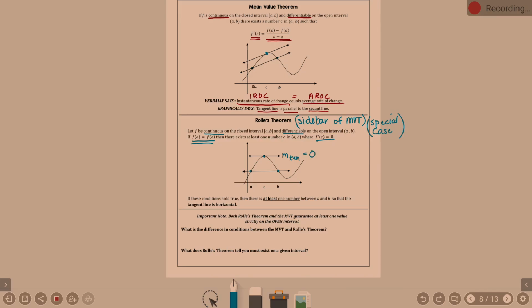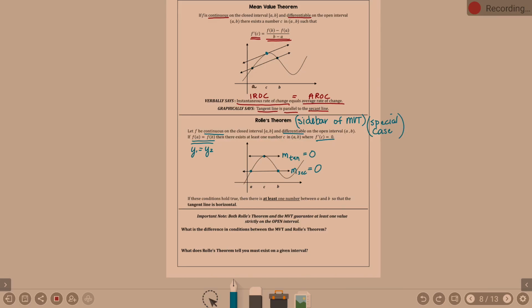The slope of the secant line is 0 here. And when we talk about f of A equals f of B, that's basically saying y1 equals y2. It makes your endpoints have to have the same y's, they have to be equal. So whatever you need to write down.